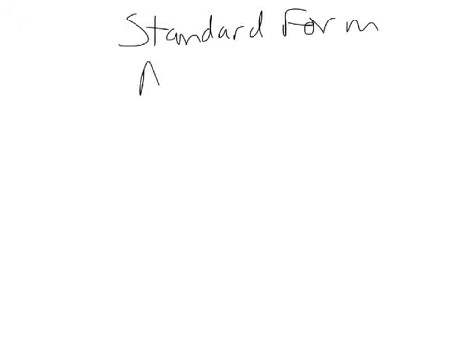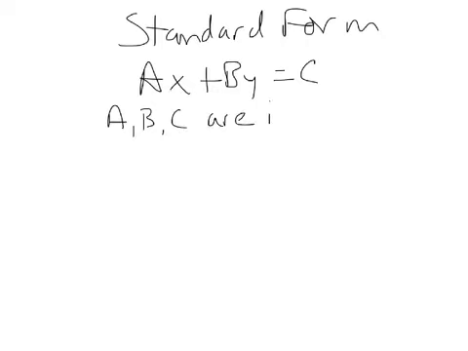Alright, to close out this review lesson, we're going to talk about standard form, and this is what we just did yesterday in class. Standard form is in the form ax plus by equals c, where a, b, and c are integers, which means they were whole numbers, and that they could be positives or negatives, and that a is positive.